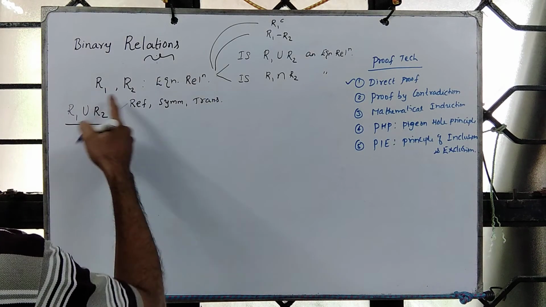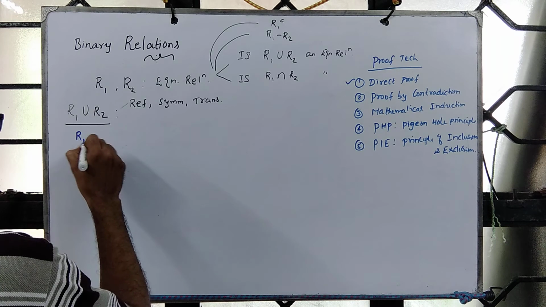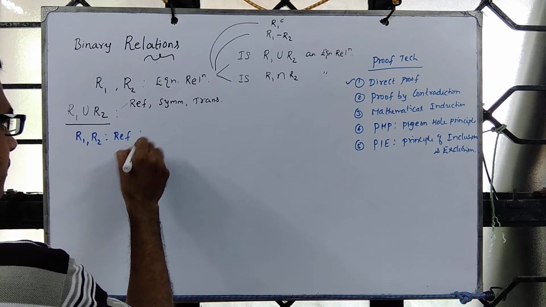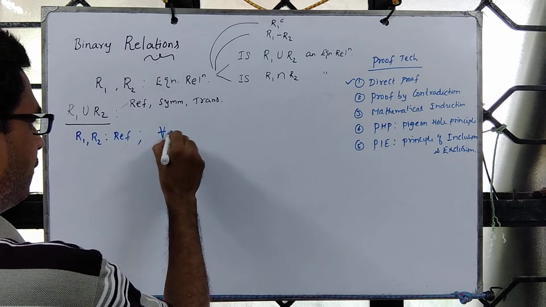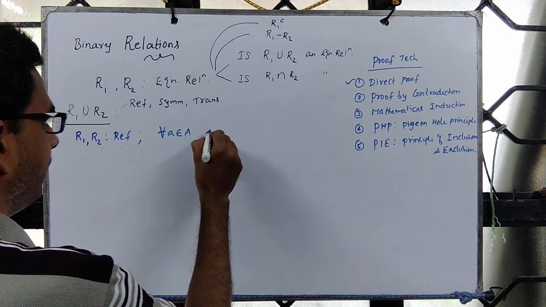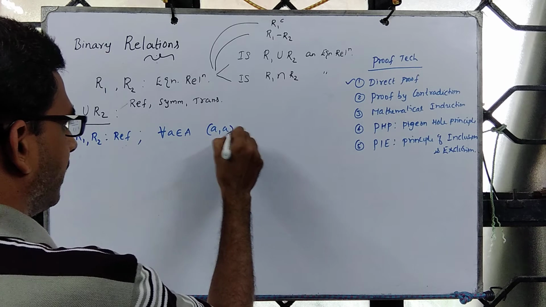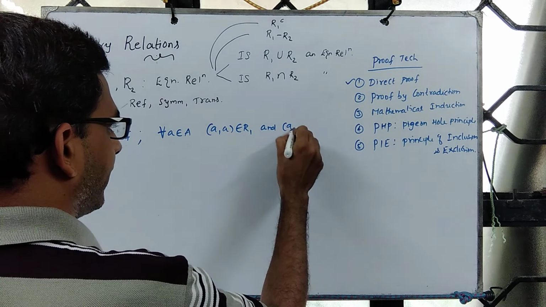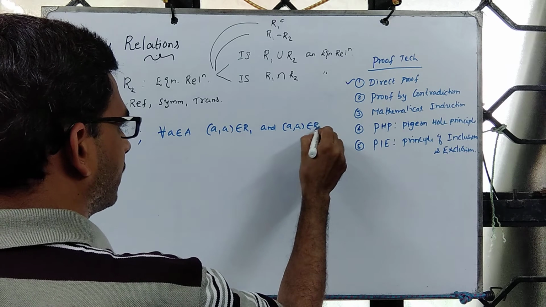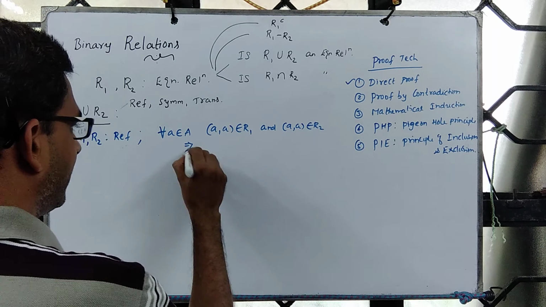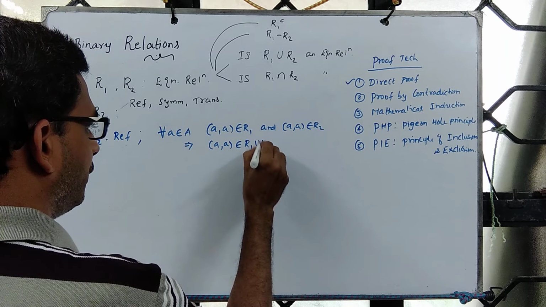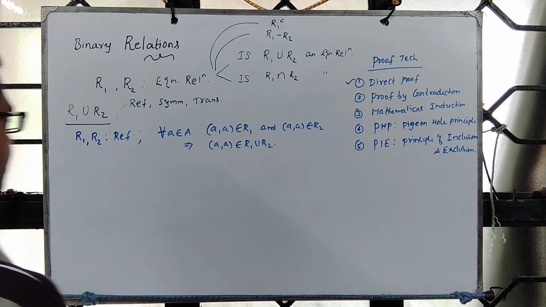We are given the fact that R1 is reflexive and R2 is reflexive, which means for all a belonging to A, (a,a) belongs to R1 and (a,a) belongs to R2. This implies that (a,a) belongs to R1 union R2.